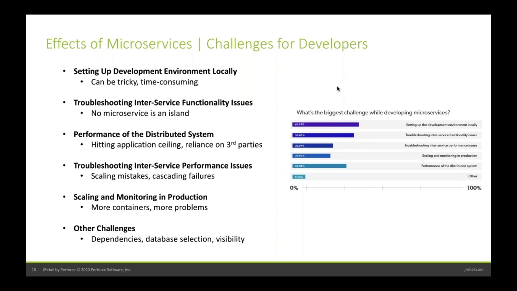You also have to deal with, for exactly the same reason in this distributed system, performance overall. How do you continue to scale? How do you deal with, for example, outages or just slowdowns in third-party services that you use? Because we see, especially with microservices apps, when you've got a complex architecture like this, you often rely on third-party APIs, typically in the public cloud, as part of your service.